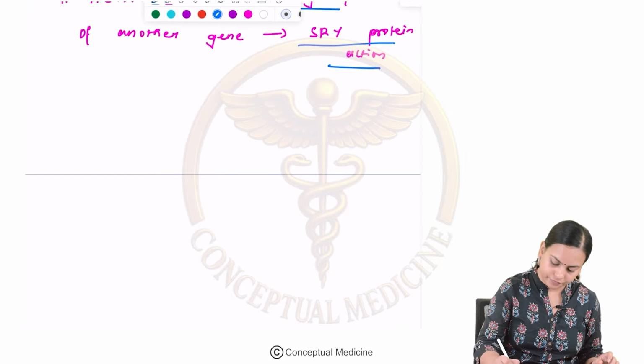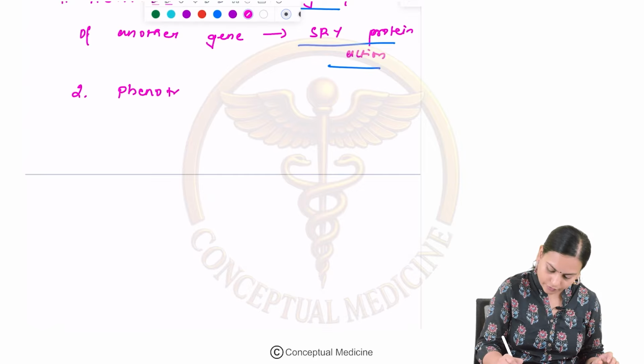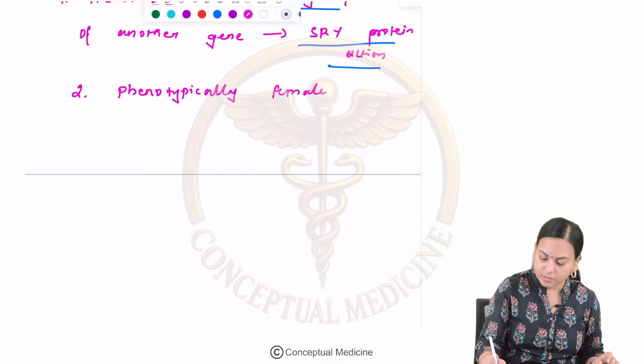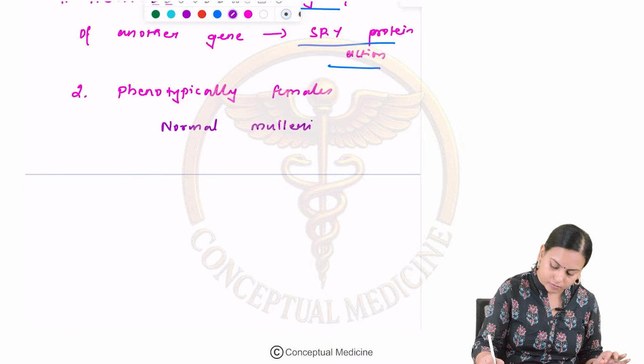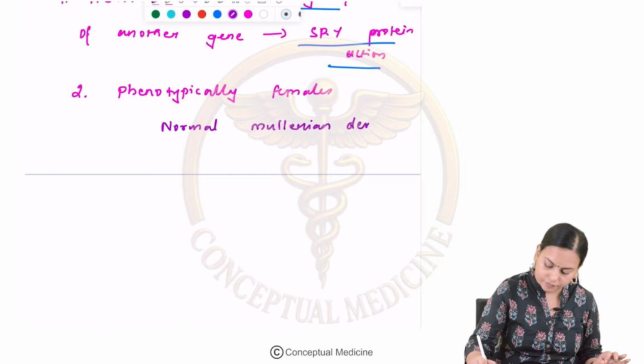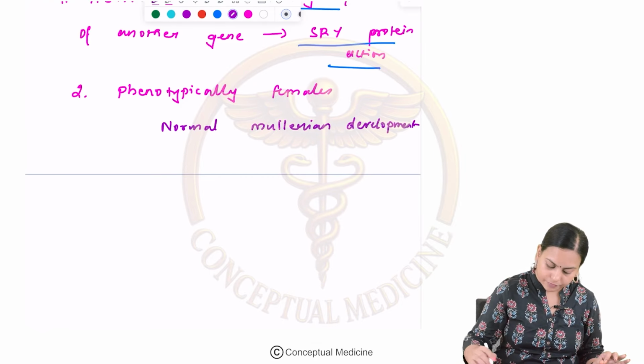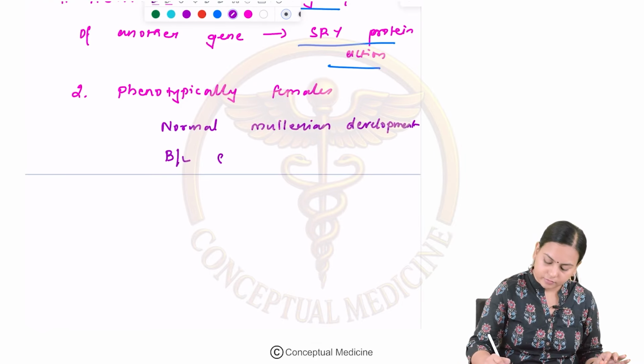Right. So these people are phenotypically females. That means they will have normal Müllerian development. They will have bilateral streak gonads.